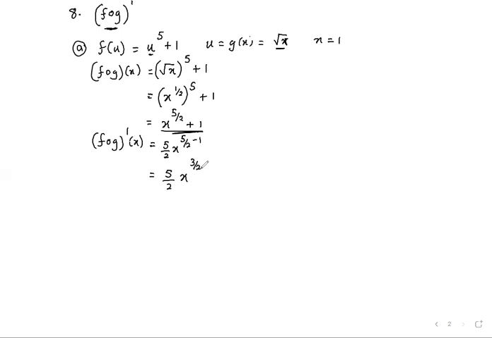The second thing, we differentiate the answer we found as f of g. Then in the derivative, where there is x, we put 1. So we have 5/2 times 1 to the 3/2, which is equal to 5/2.